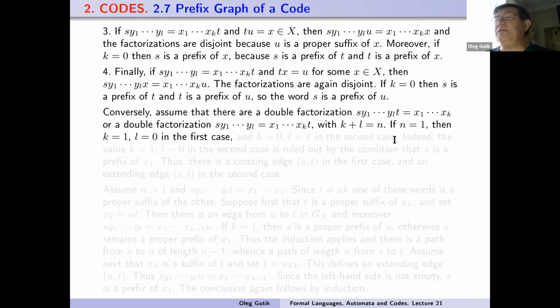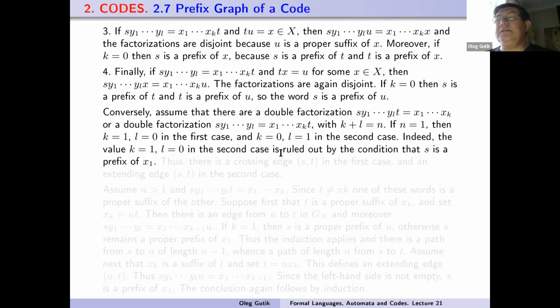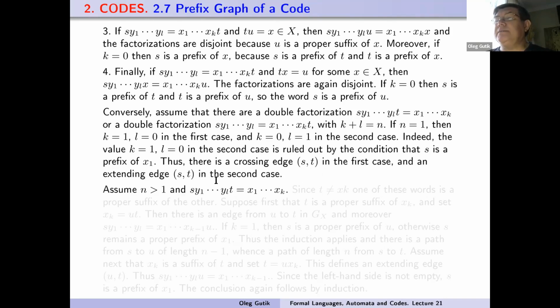If n is equal 1, then k is equal 1, l is equal 0 in the first case, and k is equal 0, l is equal 1 in the second case. Indeed, the value k is equal 1, l is equal 0 in the second case is ruled out by the condition that the word s is a prefix of the word x1. Thus, there exists a crossing edge bar st in the first case and an extended edge st in the second case.